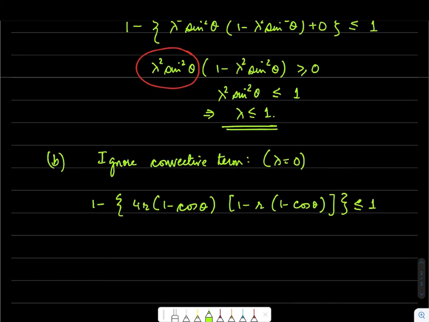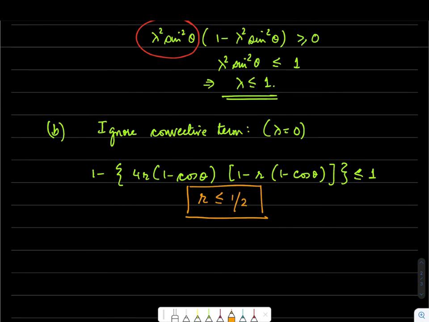Then you can prove from this equation that the resultant should be r less than or equal to 1 by 2, which is also expected from our earlier stability analysis of the diffusion equation.